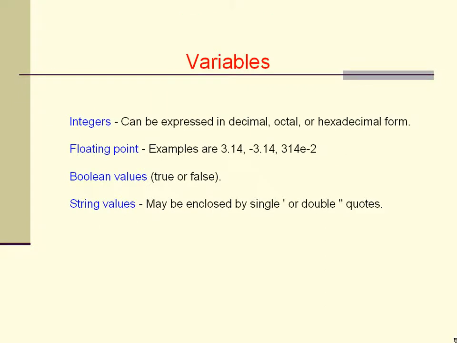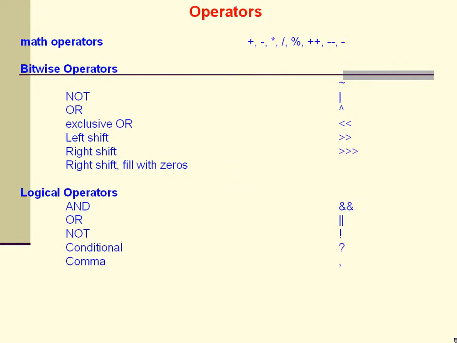The following are the variables in JavaScript. They are integers, floating points, boolean values, and string values. The following are the operators in JavaScript. Math operators, which include plus, minus, star, slash, percent, and shorthand assignment operators.